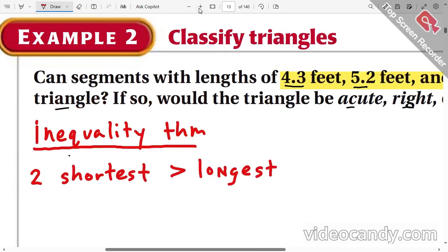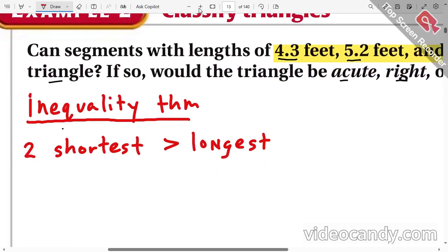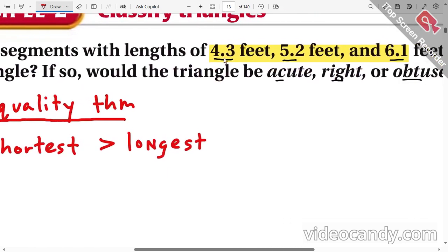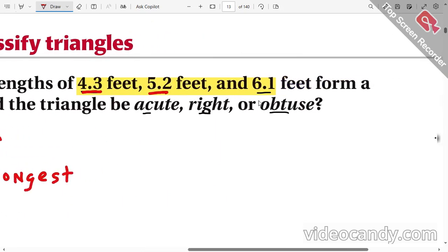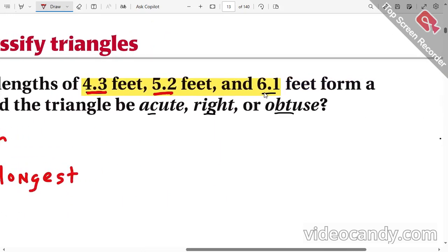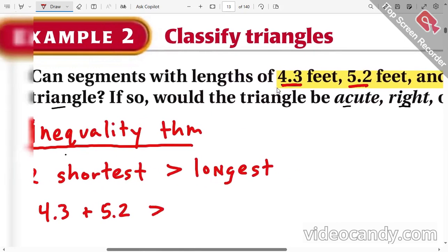So that's what you have to do here first. The two shortest are going to be 4.3 and 5.2. So 4.3 plus 5.2, and make sure it's greater than 6.1. 6.1 is the longest side.